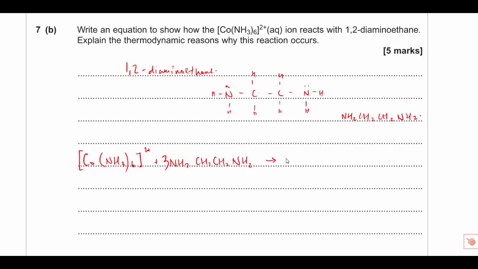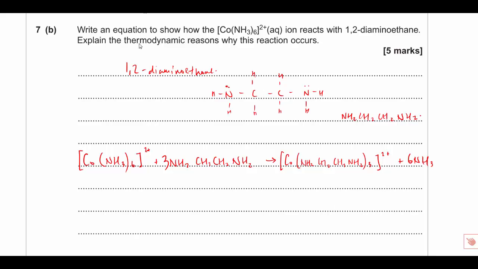We're going to end up with Co(NH2CH2CH2NH2)3 2+, add 6 NH3 on there, which I think is quite nice.